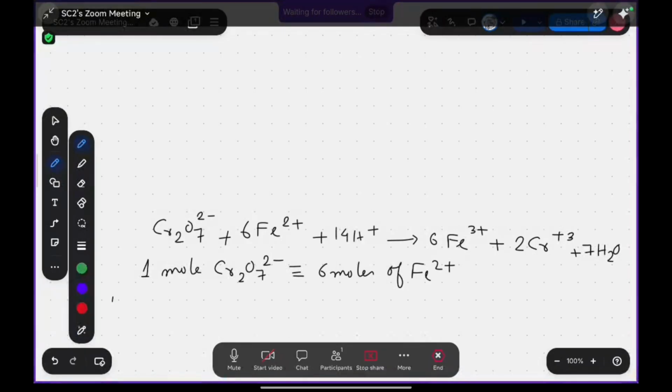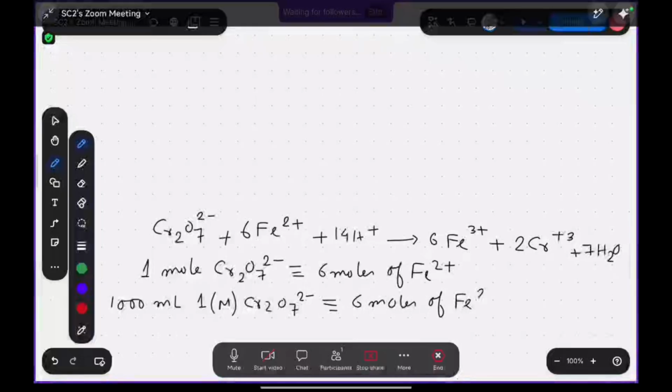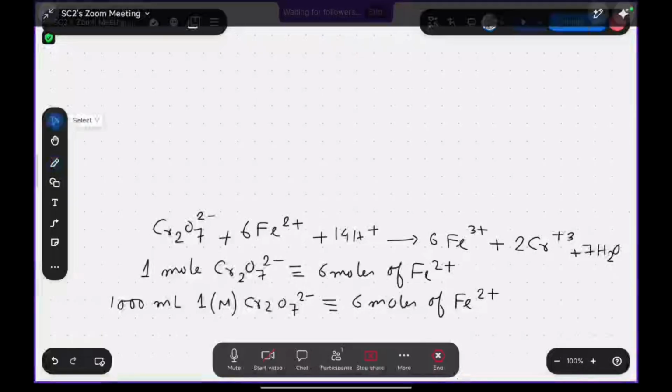Or we can also write the same thing: 1000 milliliter of 1 molar potassium dichromate, or dichromate ion, is equivalent to 6 moles of Fe2 plus. Since you are asked to calculate the weight, you have to convert the moles to gram.